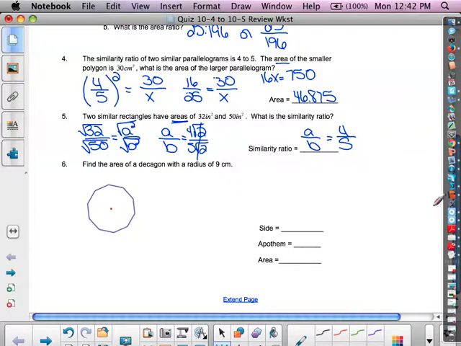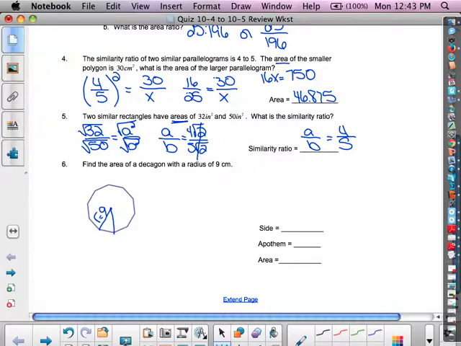Next, you are given a question that asks you to find the area of a decagon with a radius of 9. So draw in those 2 radii. So you have a radius of 9.